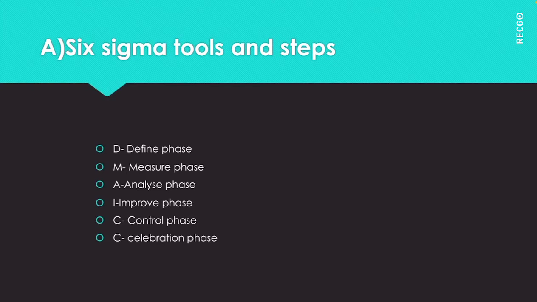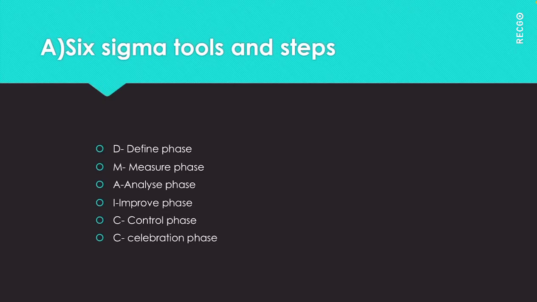At this stage the focus is to narrow down the many causes to the few. The tools usually used for the analyze phase are histogram, time series or run chart, cause and effect fishbone diagram, 5 whys, hypothesis testing and non-normal data analysis.